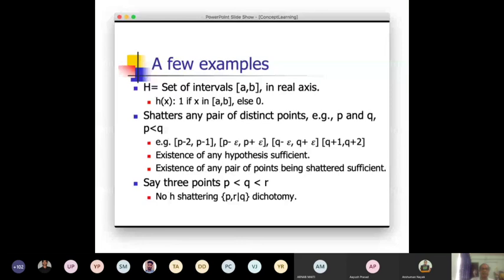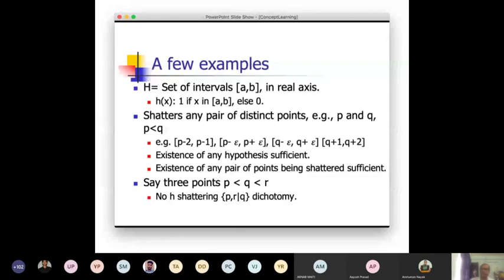You cannot shatter P, Q, and R. That means, say, Q is negative and these two are positive. It is not possible to get an interval which will be consistent with these training examples, which means P and R are positive and Q is negative. Is it clear? So what should be the VC dimension in this case?